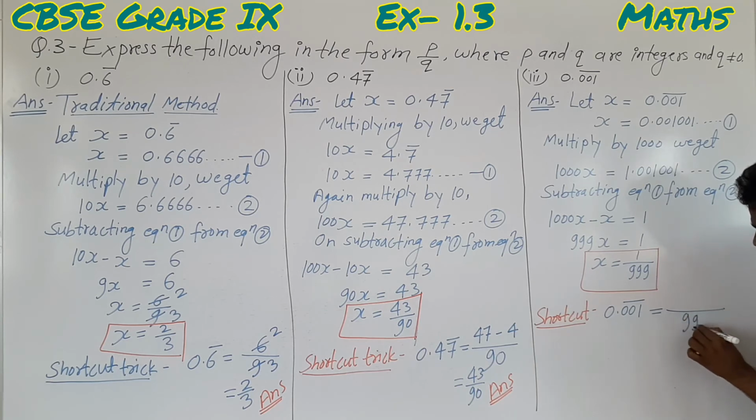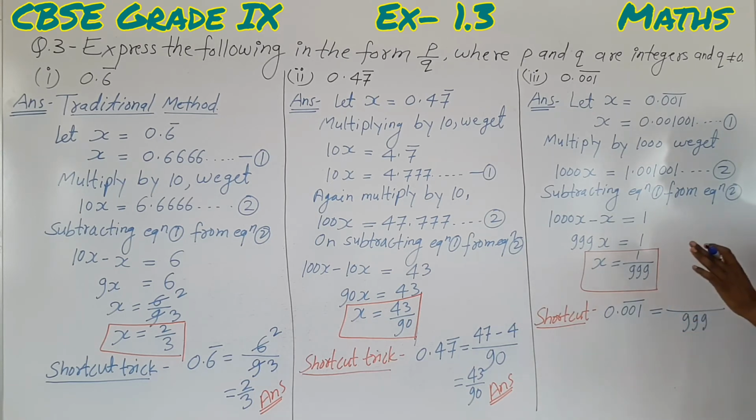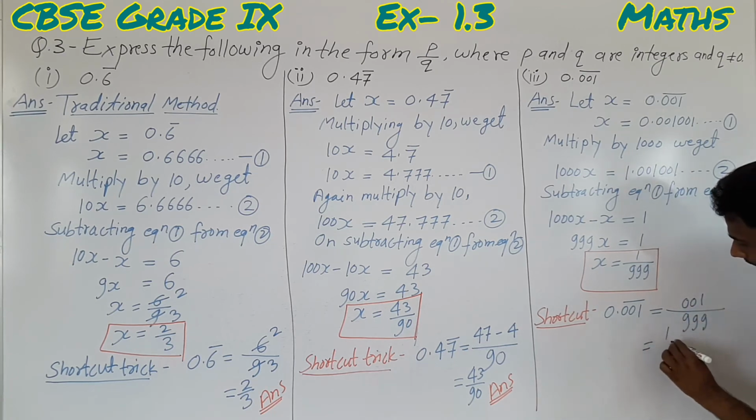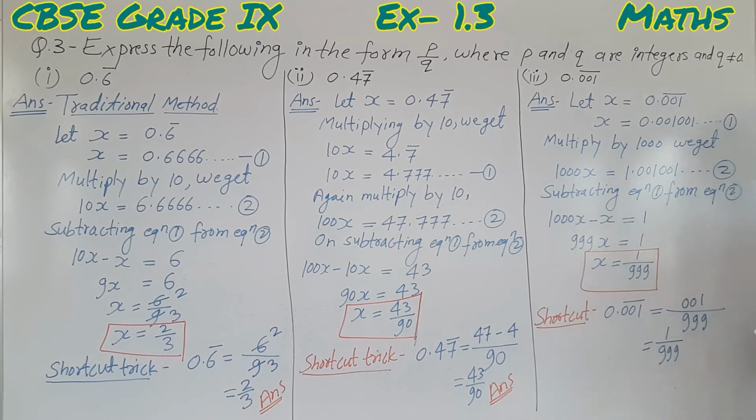Right, here 3 9s. No digit is not recurring, means you write only 3 9s. Now in numerator, what is the number after the decimal? 001. Then you write that number here, 001. This will be equal to 1 upon 999. This is answer.